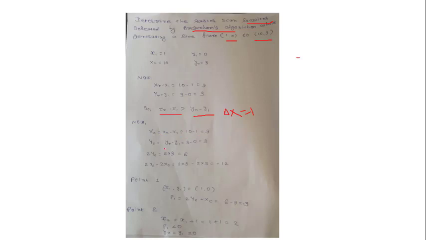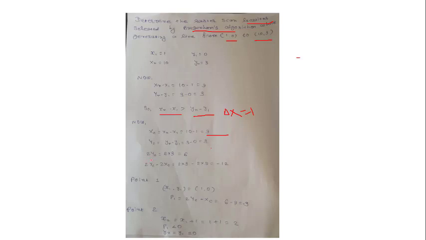Now some quantities we will use in our numerical, so we will find them here. xc is equal to xn minus x1 is equal to 10 minus 1 is 9, and yc is delta y, yn minus y1 is equal to 3.